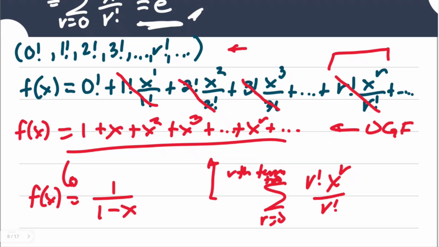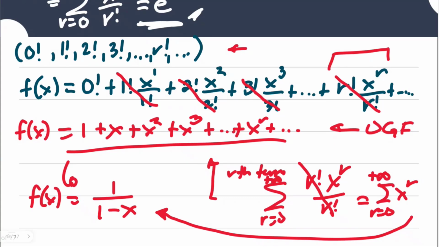That means in this form alone, you cancel that. Again, this is the summation of x to the power of r, where r starts from 0 to positive infinity, equivalent again to this form. So in short, the only difference between the exponential function and the ordinary function is the presence of r factorial. And if we multiply all terms by r factorial, that returns to this given ordinary generating function.